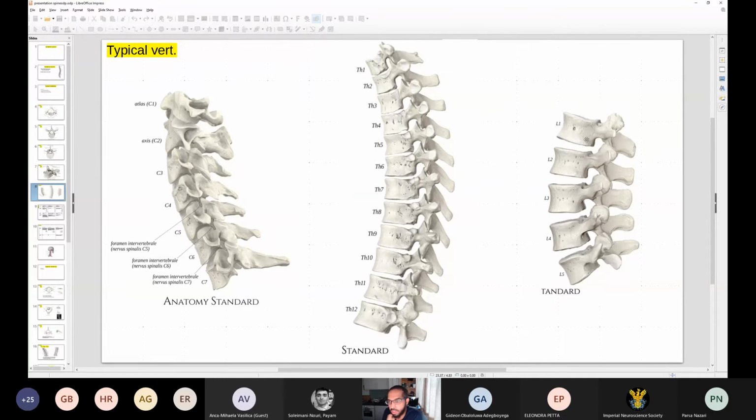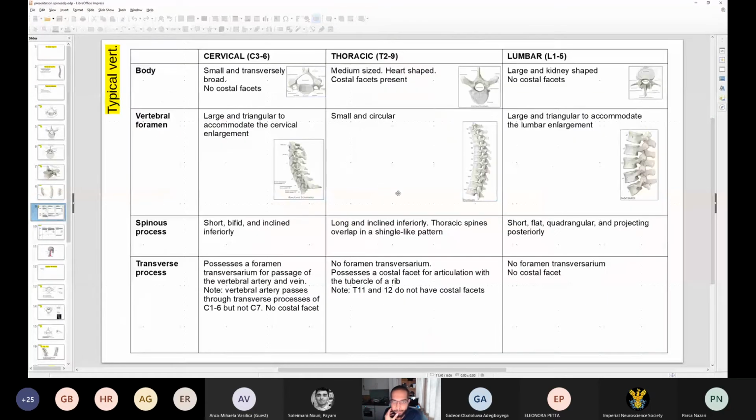You don't have costal surfaces on the body, and you don't have a costal surface on the transverse process in the lumbar or the cervical region. So they possess a costal facet for articulation with the tubercle of the rib, and T11 and T12 do not have costal facets. We'll go over this when we talk about T12 and T11.